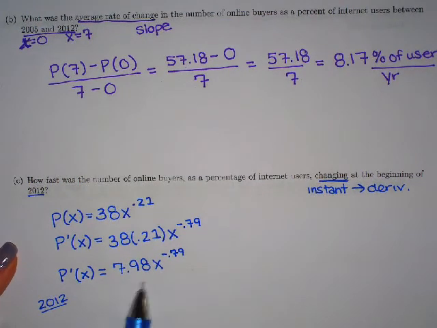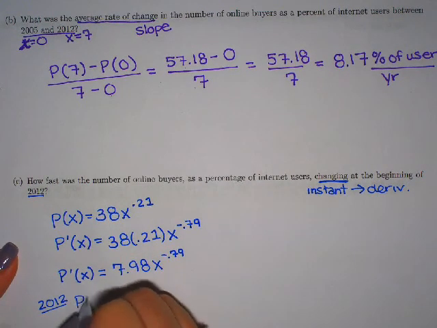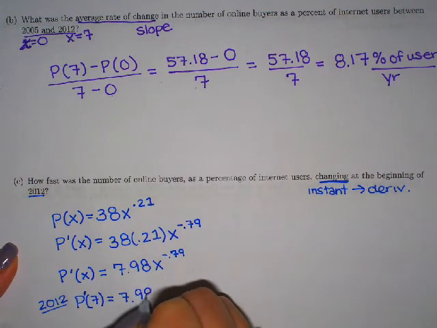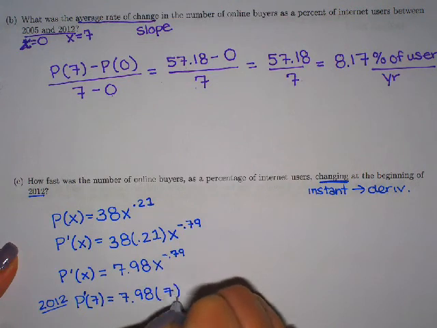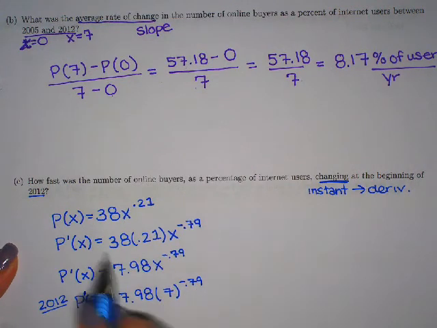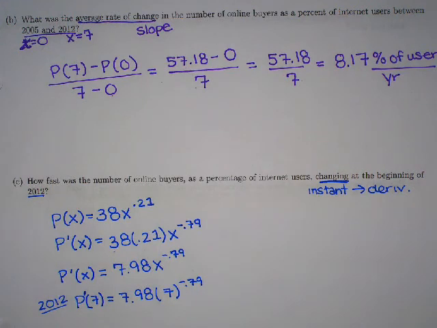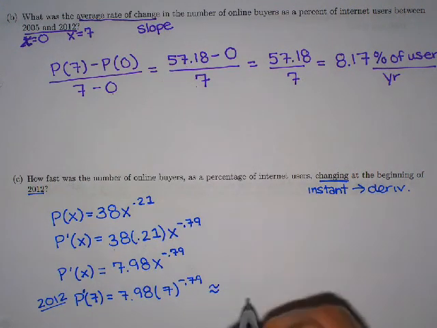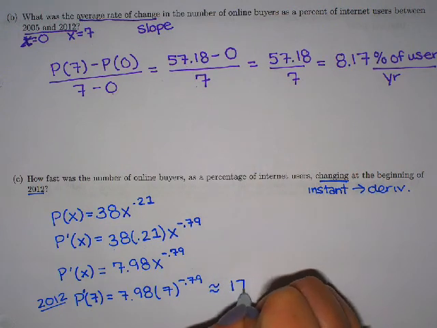And since we're looking at 2012, we want to use this instantaneous change, that derivative, to plug in p prime of 7. So you're going to do 7.98 times 7 to the negative 0.79. Or you can plug it up here, 38 times 0.21 times 7 to the negative 0.79, whichever is best for you.